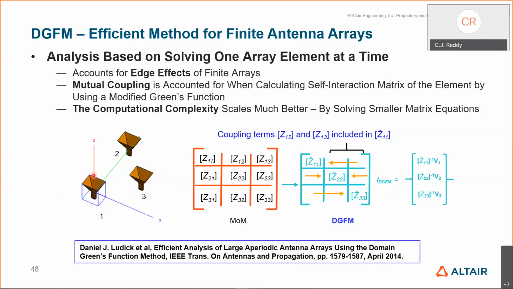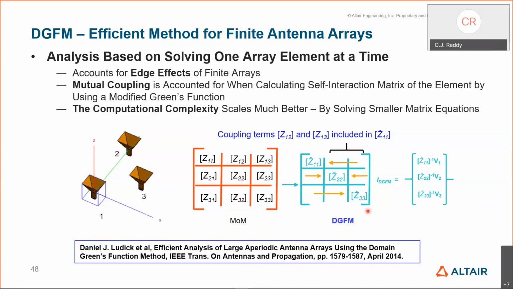So in method of moments terminology, their impedance matrices will be identical. But of course, they have coupling between them based on the distance, so that could be different. So somehow this technique compresses this whole matrix into diagonal matrix elements. So you can solve them very easily.